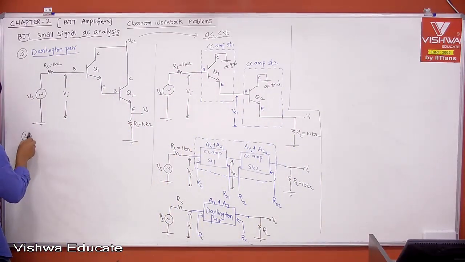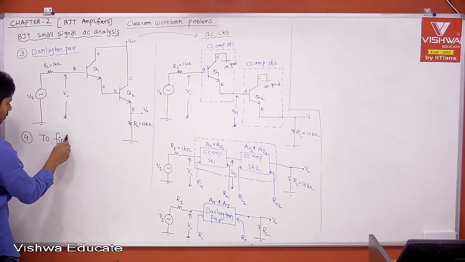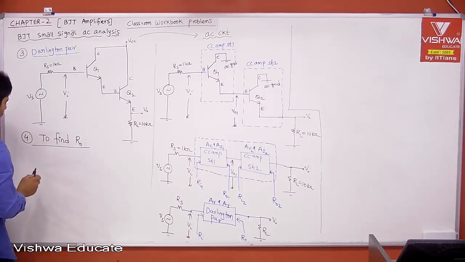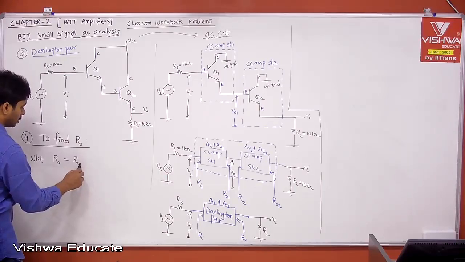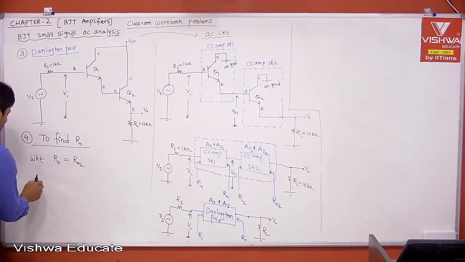Fourth one, to find R naught. We know that R naught is nothing but the second stage output impedance, R naught 2, right? Therefore, what is R naught 2?